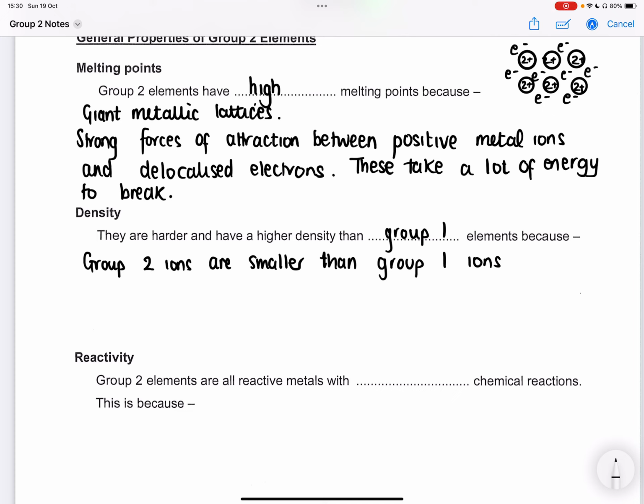If you were to compare sodium 1 plus and magnesium 2 plus, they have the same number of electrons, but Mg2+ has more protons holding on to those electrons, so sucking those electrons in. Because they're smaller, they pack more closely together in the metallic lattice.